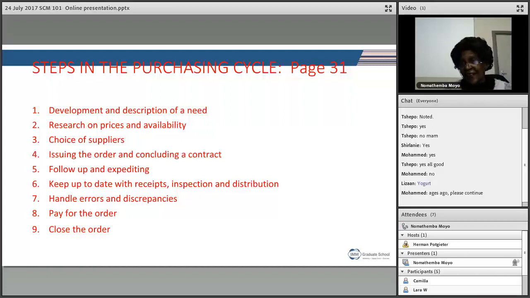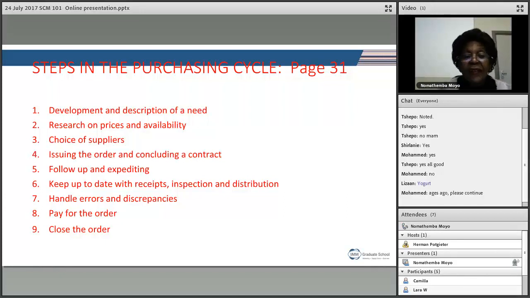Steps in the purchasing cycle: development and description of a need, research on prices and availability, choice of suppliers, issuing the order and concluding a contract, follow up and expediting, keep up to date.